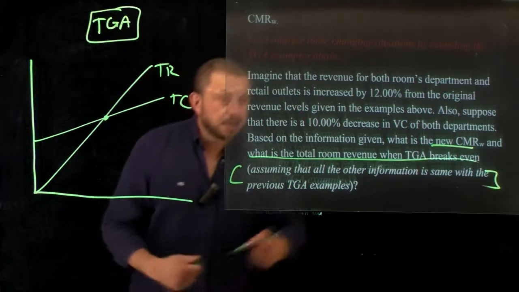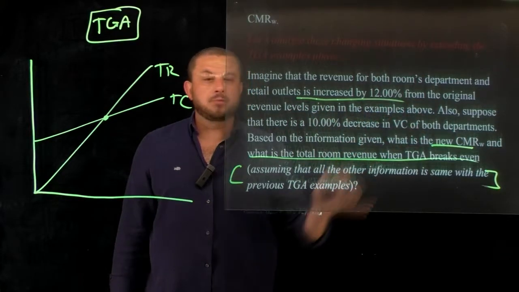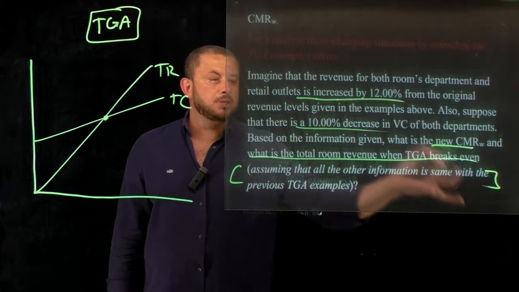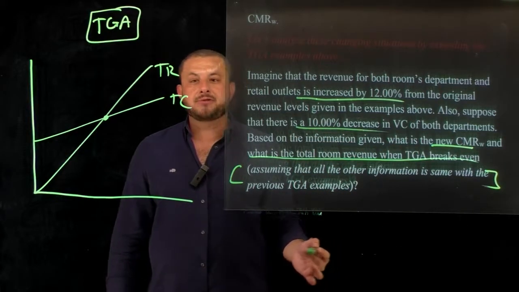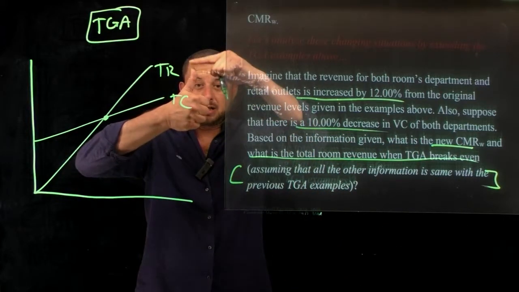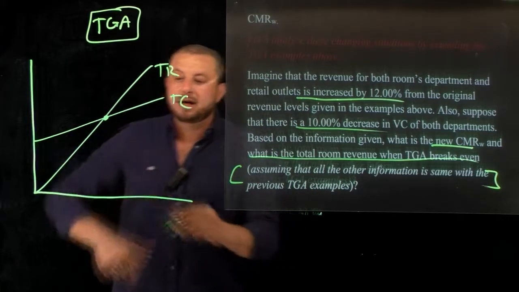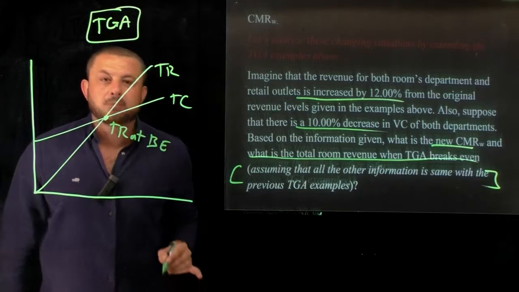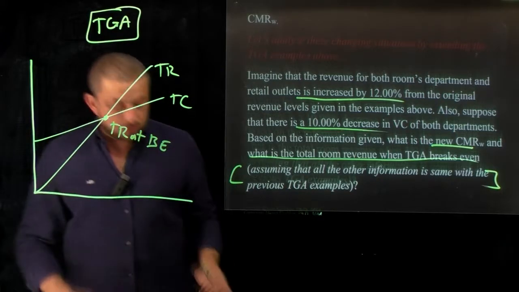So the changes are here. We will have to increase TRs for both departments by 12%, and then we have to decrease VCs of both departments by 10%, and then we will have to find the new CMRW first, then the TR at break-even for TGA with the combination of those two departments, guys.